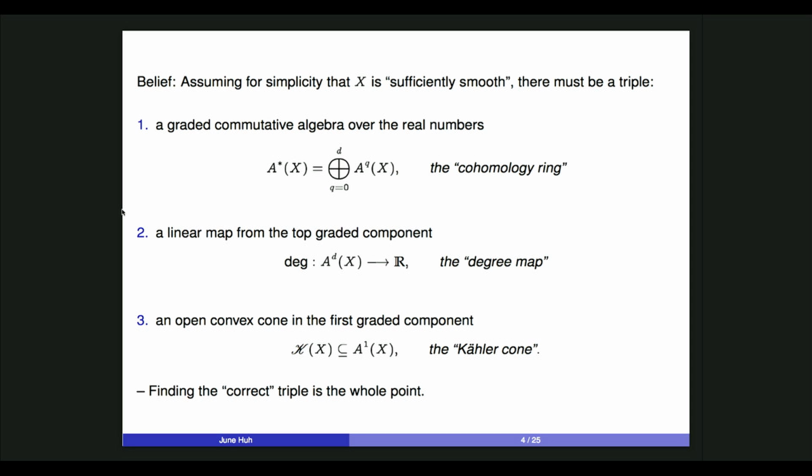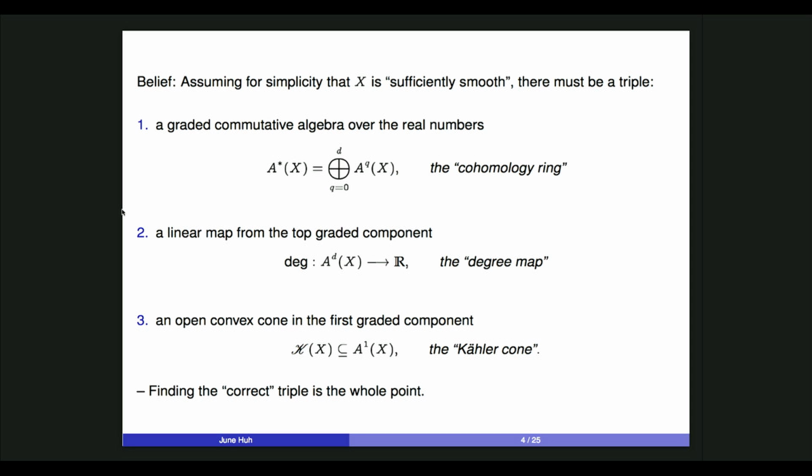In such cases, you expect your graded vector space A that you associate to X to be not just any graded vector space, but in fact an algebra. There must be a multiplication within. So A(X) is the graded sum of A^q(X) as before. I'm just going to casually call it the cohomology ring of X.